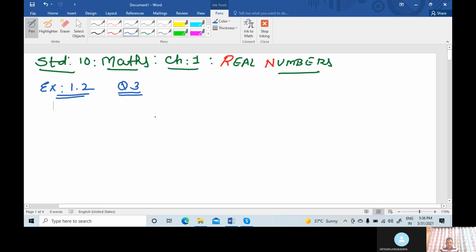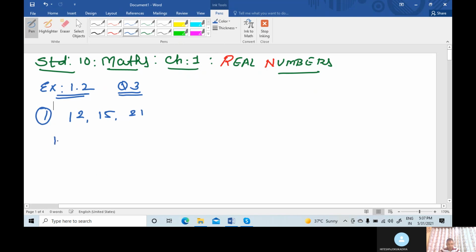Total 3 sums are given, and we have explained any one sum. Suppose the first sum is 12, 15 and 21. We have to find the HCF and LCM. Look at this sum; we will explain it by two methods.